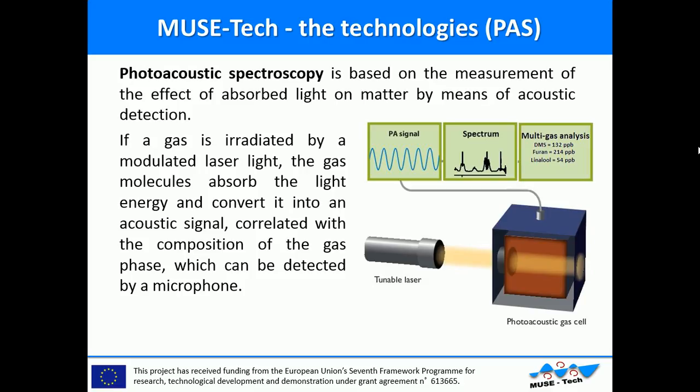The second sensing technology integrated in the project is the photoacoustic spectroscopy, which is based on the measurement of the effect of absorbed light on matter by means of acoustic detection. If a gas is irradiated by a modulated laser light, the gas molecules absorb the light energy and convert it into an acoustic signal, correlated with the composition of the gas phase, which can be detected by a microphone.